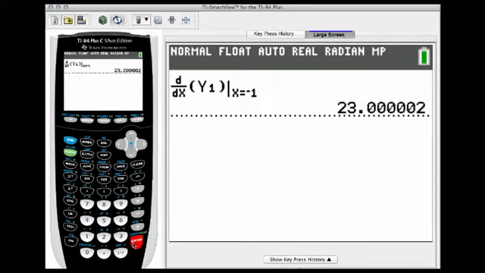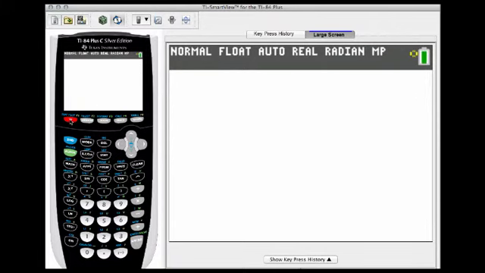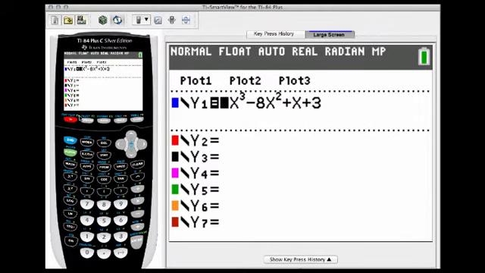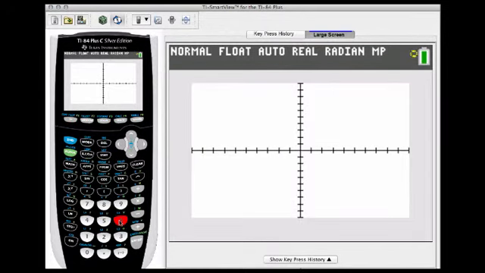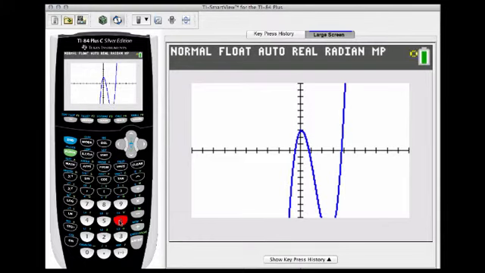So let me show you the graph. Again, remember we had the equation under y equals. You can just do Zoom 6 to graph it. Even if you do not have the color version, this works the exact same way on the regular TI-84s, the 84 Pluses, the Silver Editions, etc. Let's find that derivative, the slope of the tangent line at x equals -1 again.